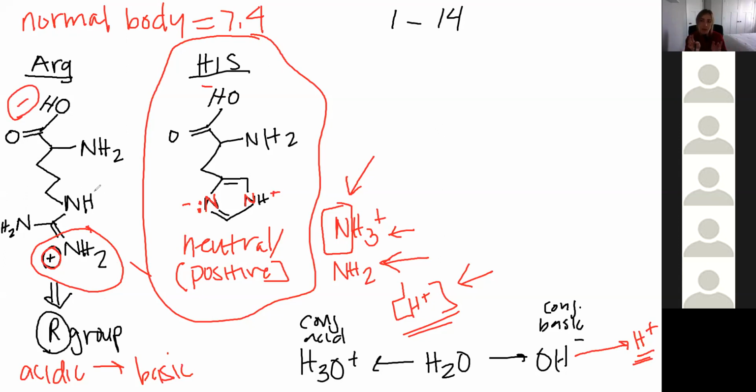Is it kind of clicking now? So yeah, this might be positive and basic, but is this overall thing an acidic or basic amino acid? That's the only way you'll know that is given by the pK of these amino acids, which you won't need to know. Okay, does that help a little bit?